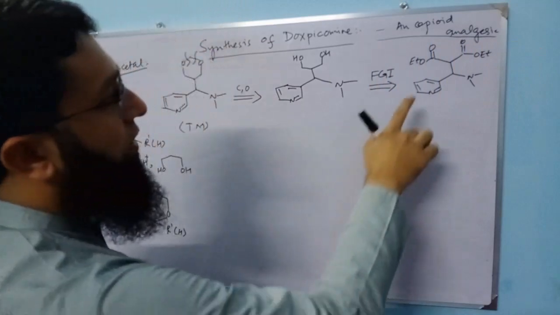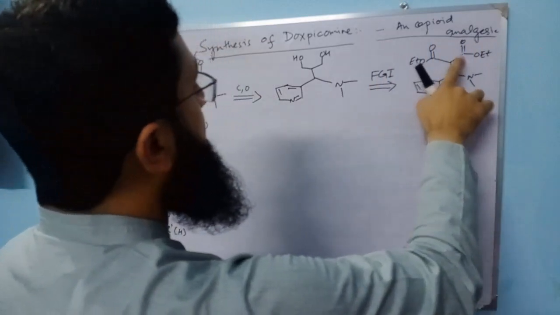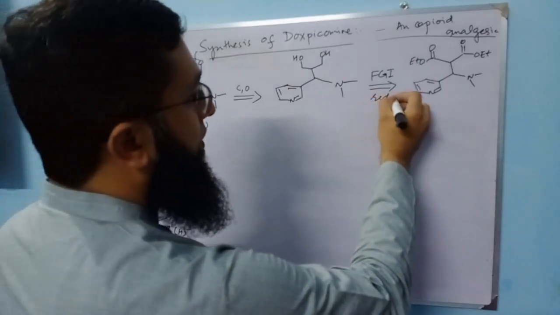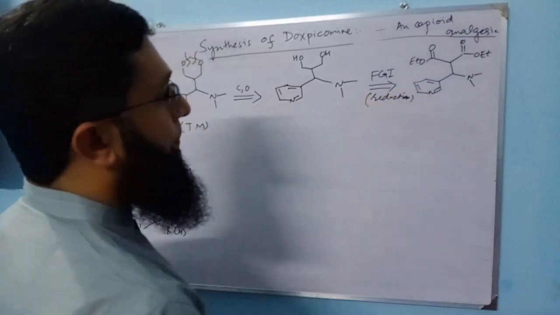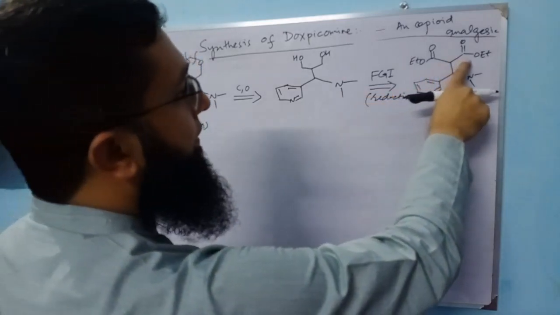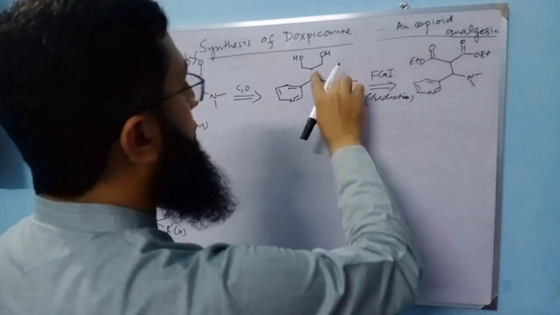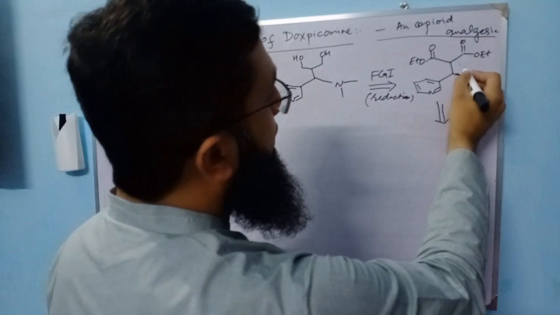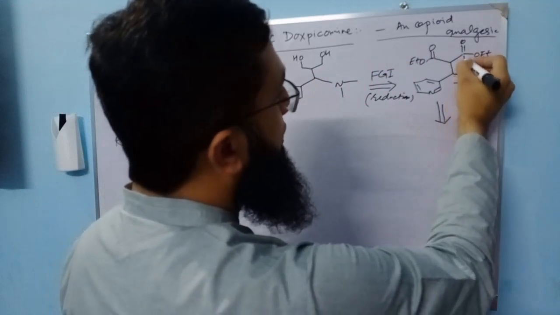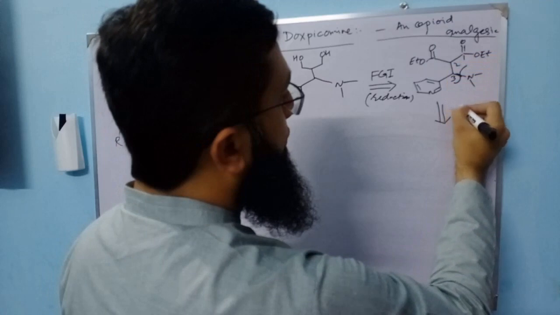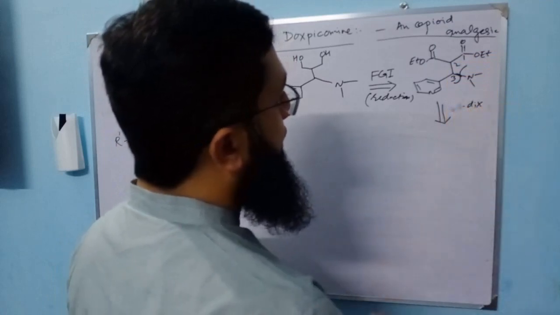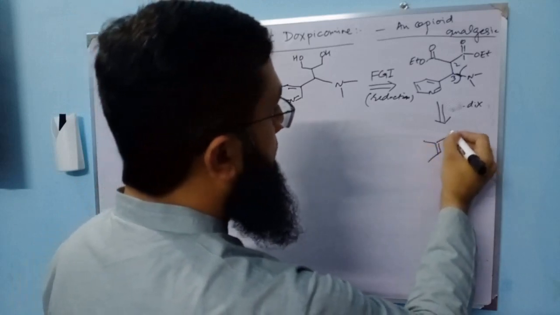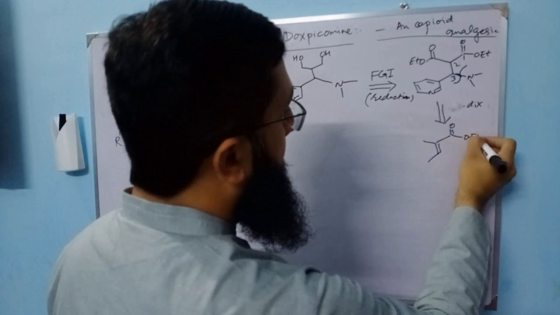If we convert an ester into an alcohol, this process is reduction. So we can convert this diester into the corresponding diol. Now this can be further disconnected from this position because it's 1, 2, 3, so this will be the disconnection here, and we will get this one.